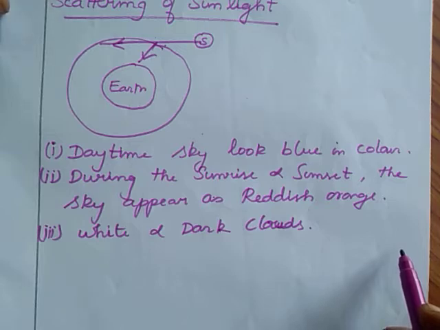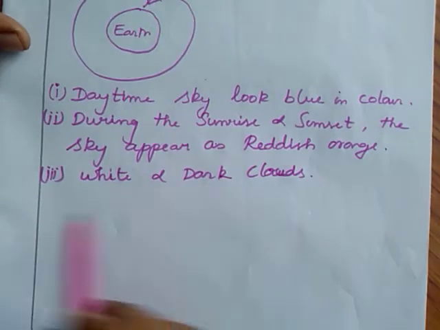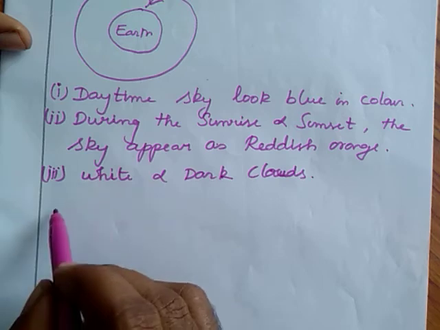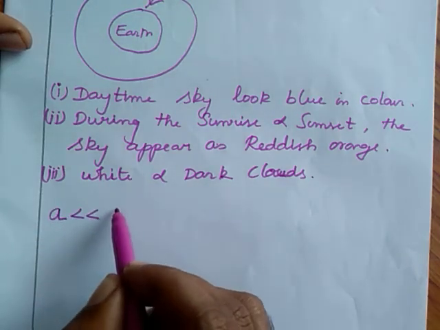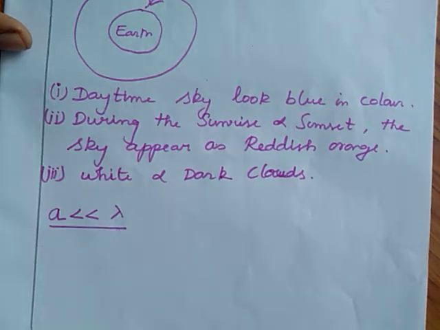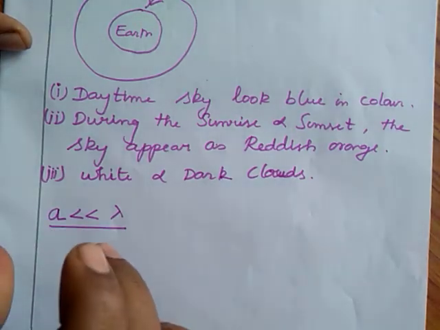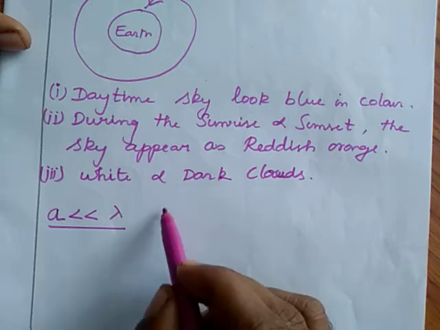This scattering takes place in two cases. In the first case, the particle present in the atmosphere has a size a that is less compared with the wavelength of the light incident on it.